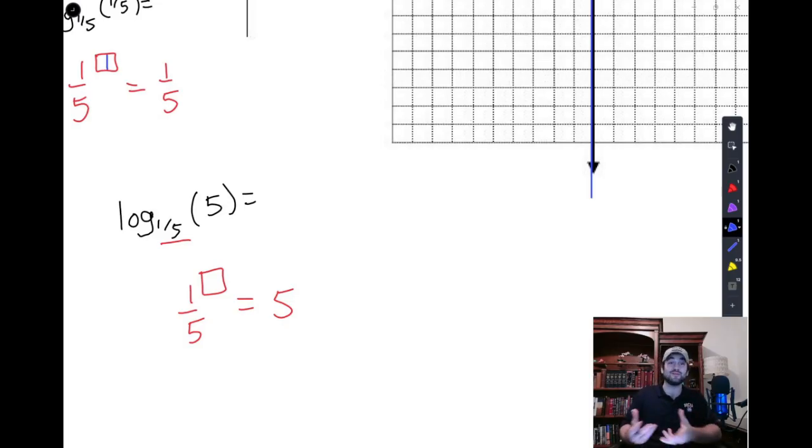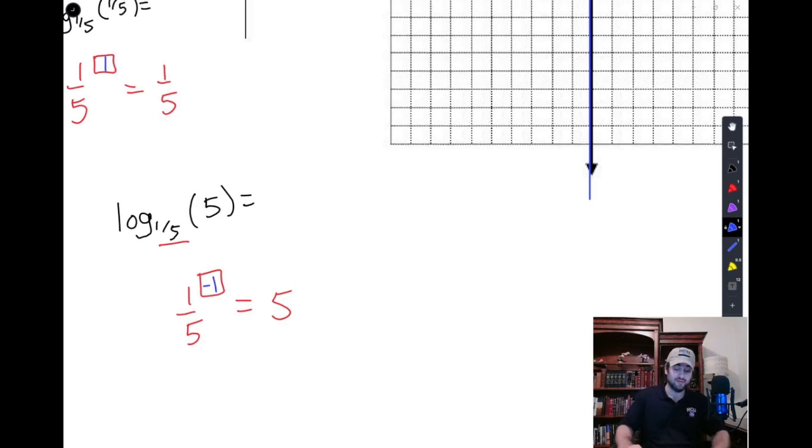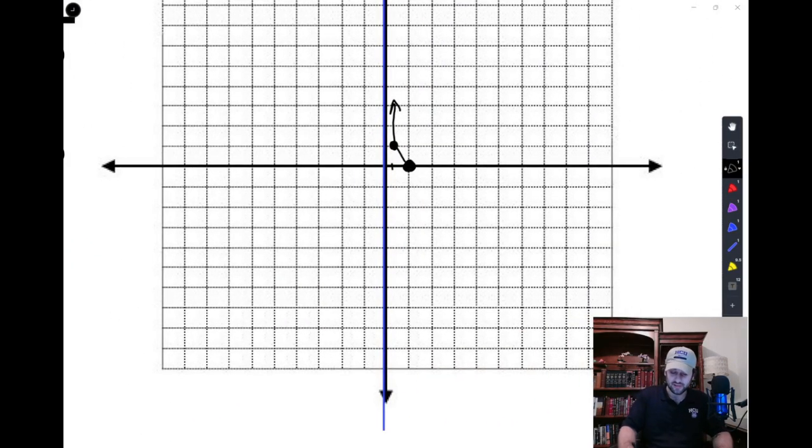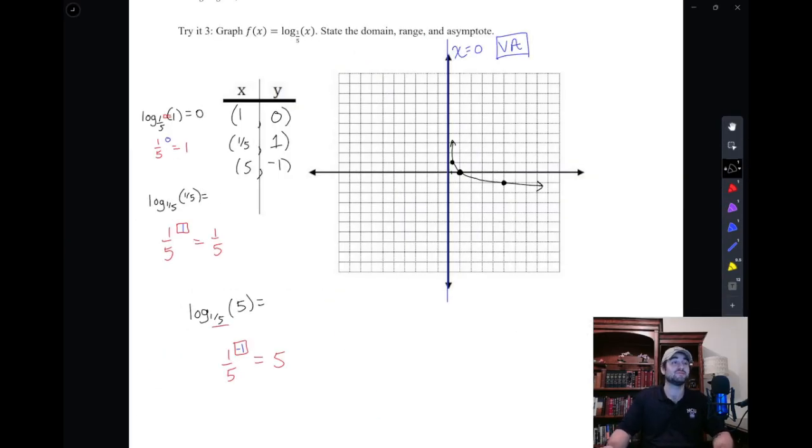So if you need to practice them, go back and hunt down some exponential worksheets, whether it's from a high school course or anything you can find that can help you learn exponential properties. Because the way you get that 5 from the bottom to the top is you raise it by -1. And so our output is -1 if we go all the way to 5. And that checks out with our function, because we need to go all the way over to 5 and down 1. And that looks like it stayed all on the same side of the asymptote.